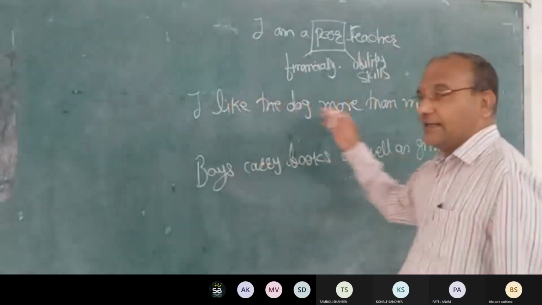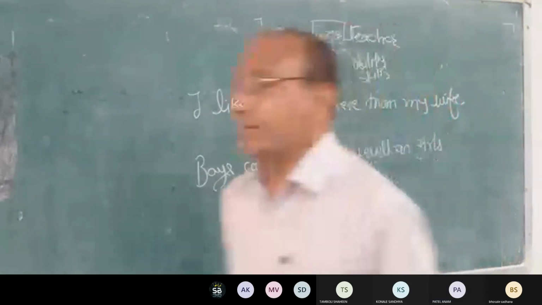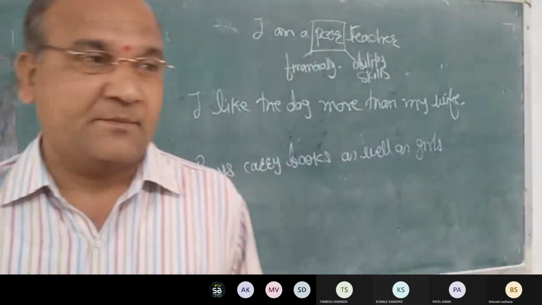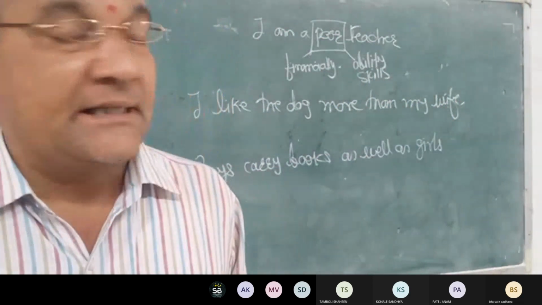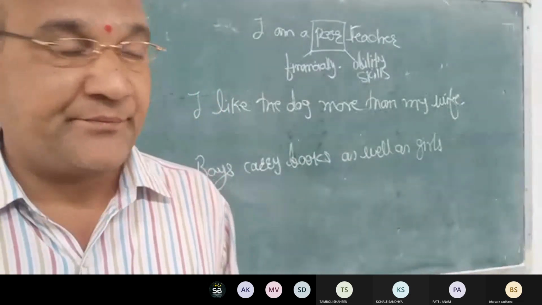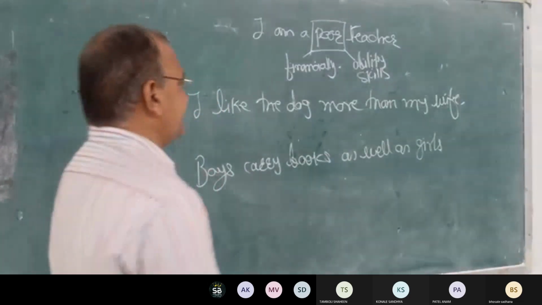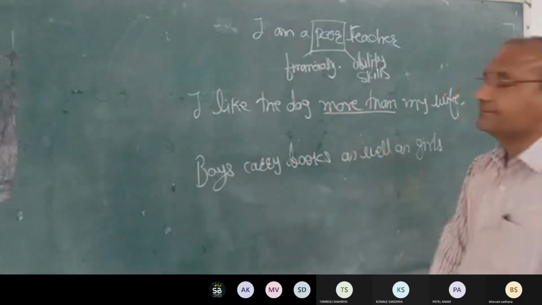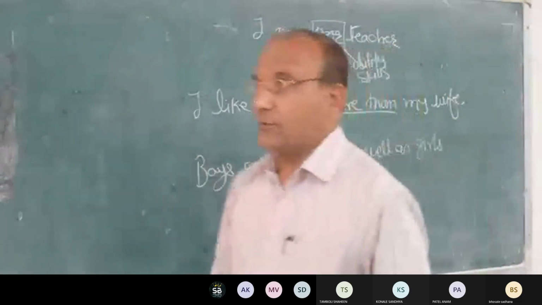What about this? I like the dog more than my wife. This is the ambiguity in coordination, because of the words more than.